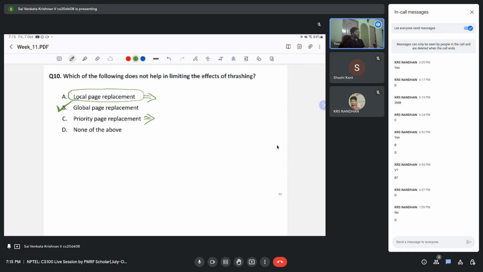In global page replacement, it actually does not help in limiting the effects of thrashing, because why does thrashing occur in the first place?